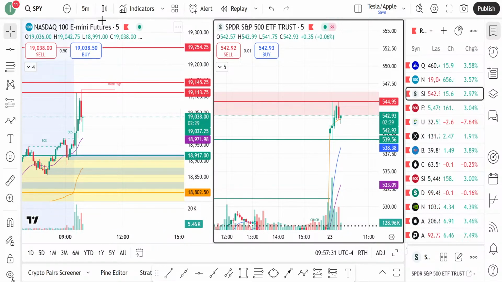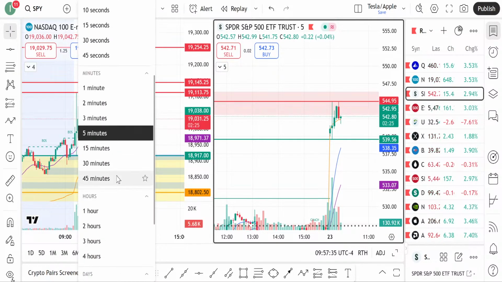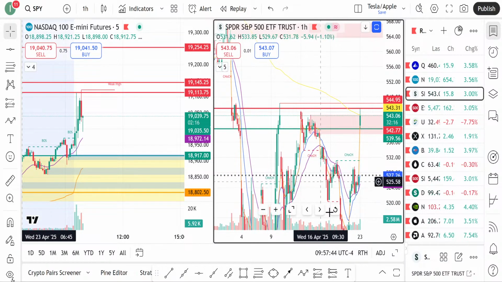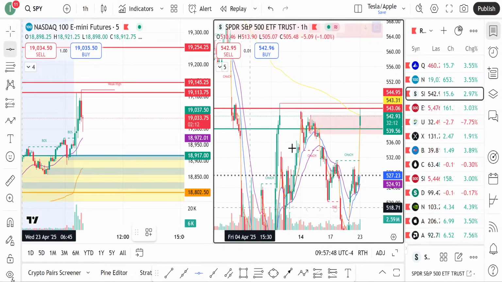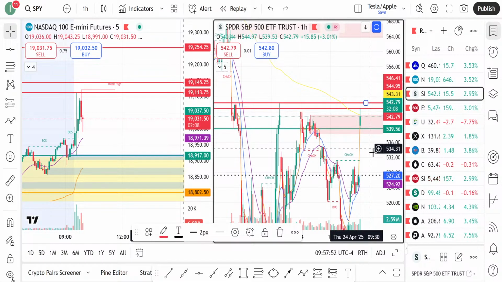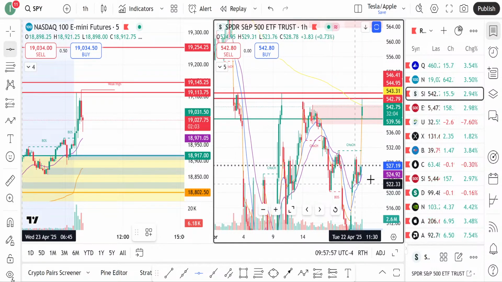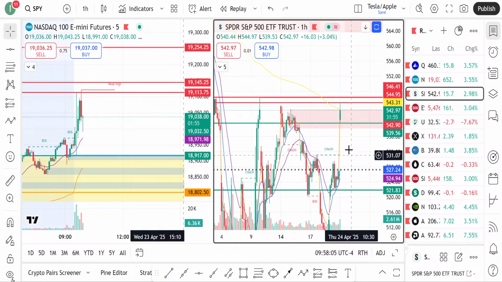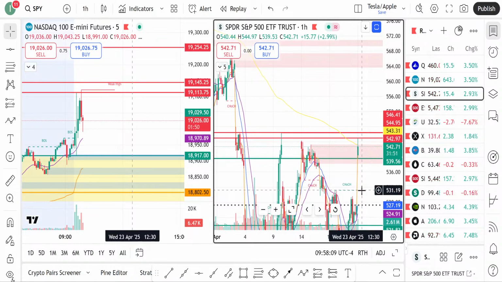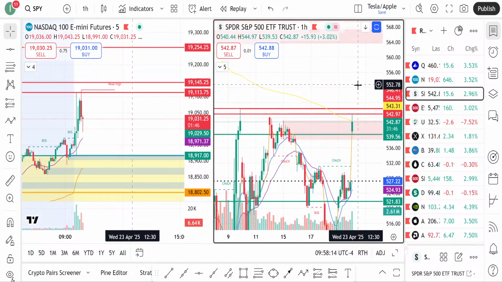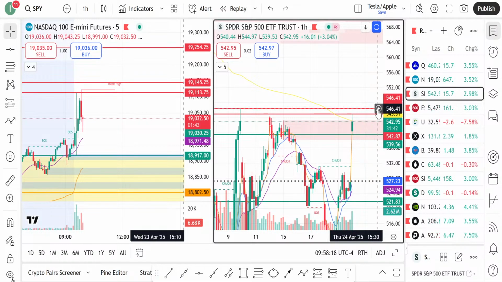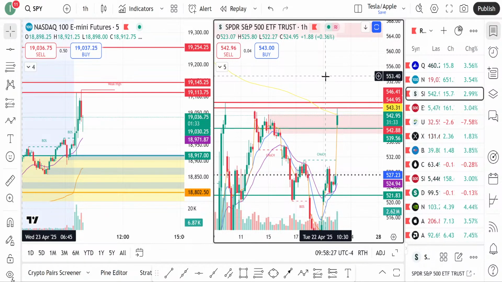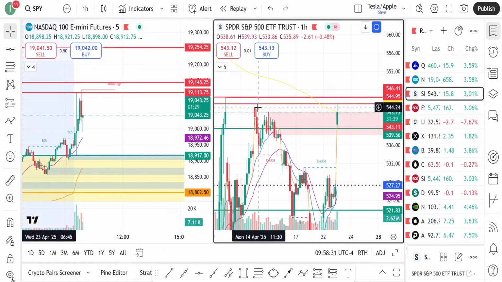So you're taking a look at the SPY. Here on the SPY, you'll notice we took out this high right here and this high right here.